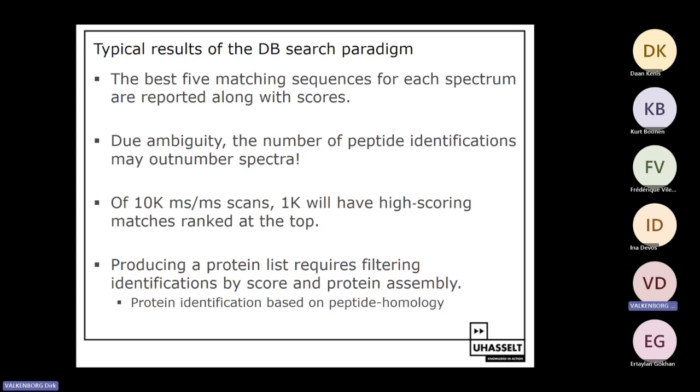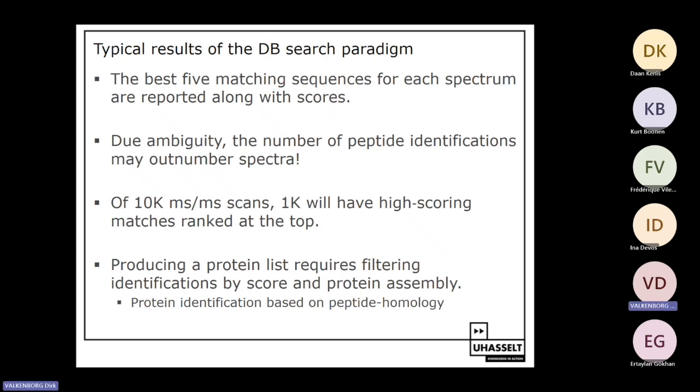Sometimes we also need to identify a spectrum multiple times because we don't know exactly the charge state of the spectrum. So it could be a spectrum related to a peptide of mass 1000, or, because I don't know the charge, maybe mass around 500, and I need to search multiple times. It's possible that each search provides me a successful identification. So it's well possible that we have a long list of peptide identifications.